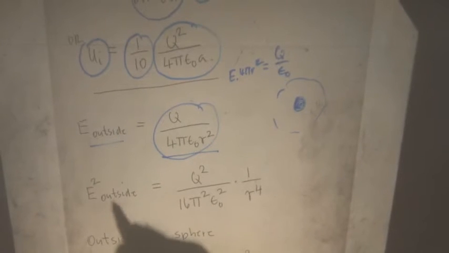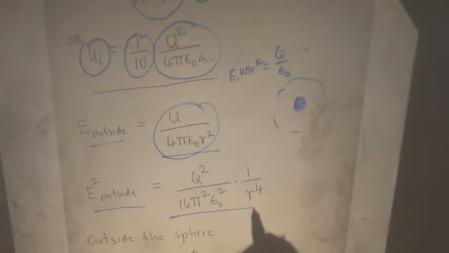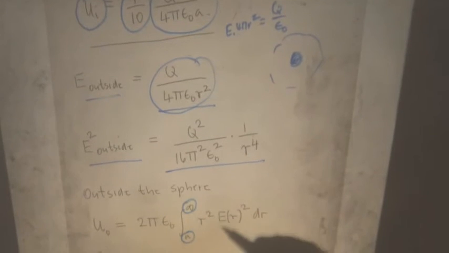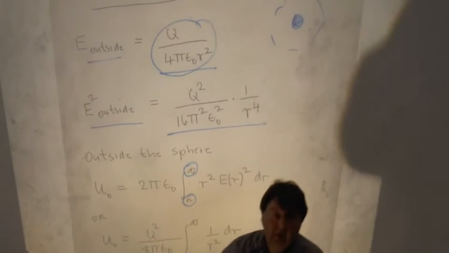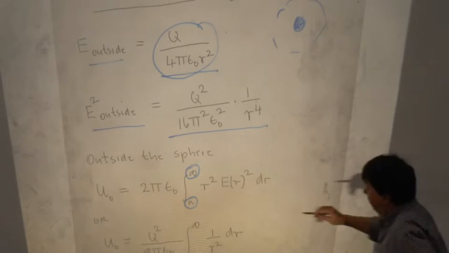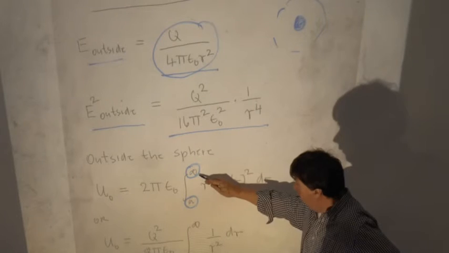And again, of course, we can just square that expression to give us this one here. So outside the sphere, I've now got to integrate from a out to infinity. The energy outside the sphere is obtained by integrating the square of the field from the fixed radius up to infinity.